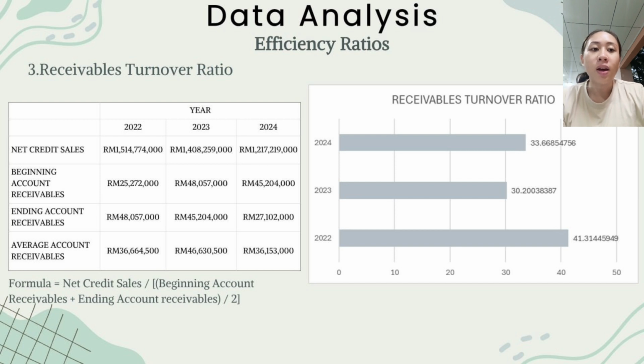Based on the graph, the highest receivable turnover ratio is in the year 2022. This means in 2022, the company collected payments from customers very efficiently compared to the other 2 years. A higher ratio indicates much faster collection of payments from customers.